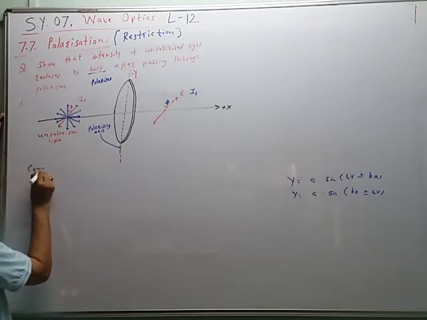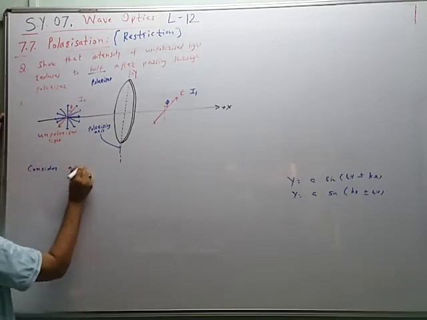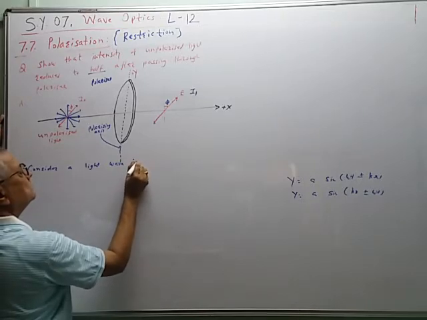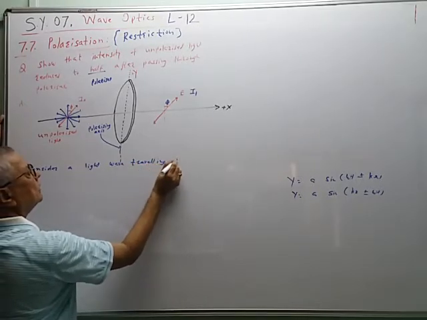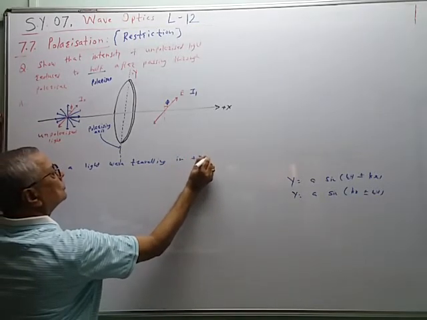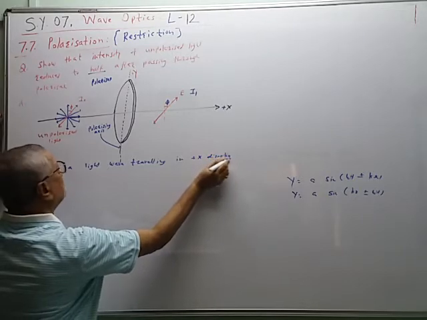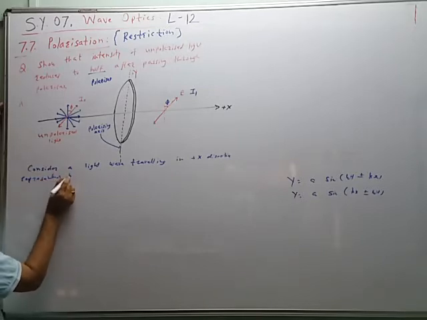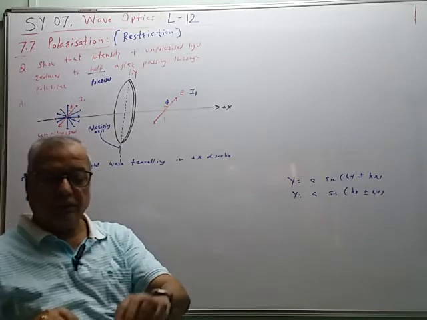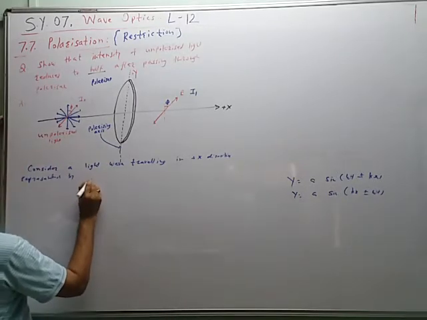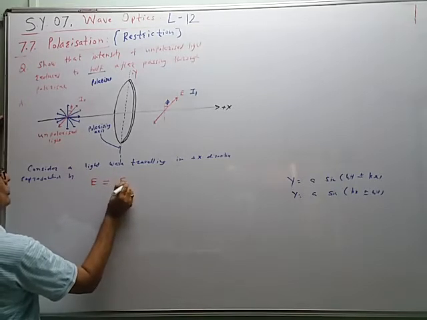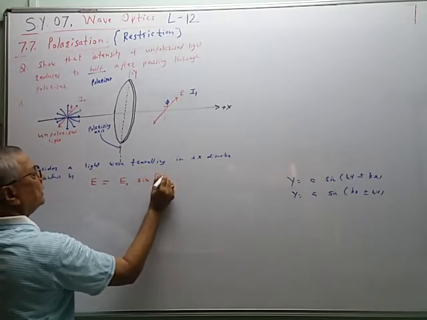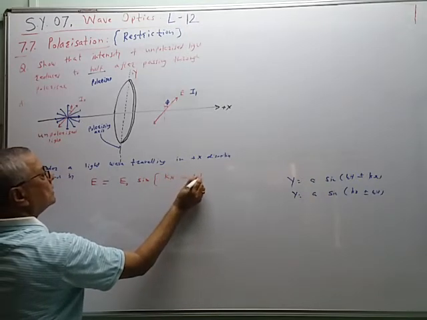Consider a light wave propagating in positive x direction, represented by the equation of the progressive wave like this: E is equal to E0, for amplitude, into sin of kx minus omega t.